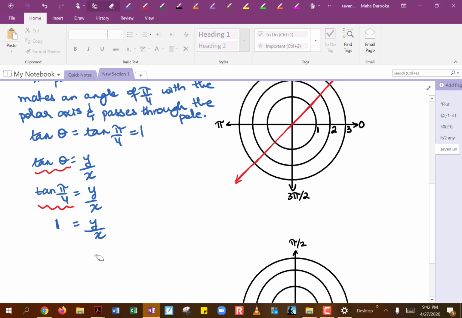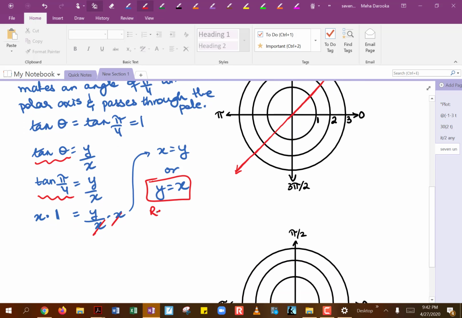Let's get rid of this for now. And you get y over x equals 1. Basically go ahead and multiply both sides by x, and you end up getting x equals y, or you can say y equals x. So this is a line that has a slope of 1 and passes through the origin, right?